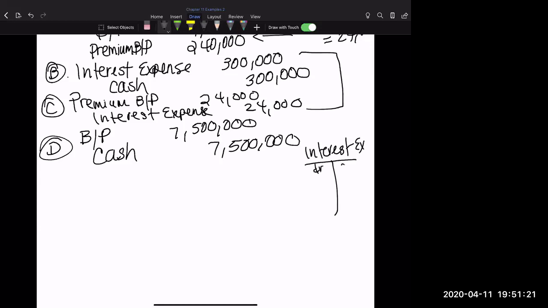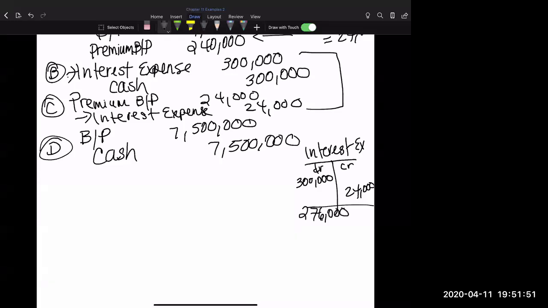Our first debit is $300,000, right? And then we have a credit of $24,000. So what's the difference? If I do 300,000 less 24,000, that comes out to $276,000 as a debit.